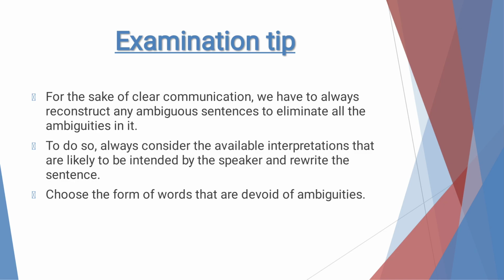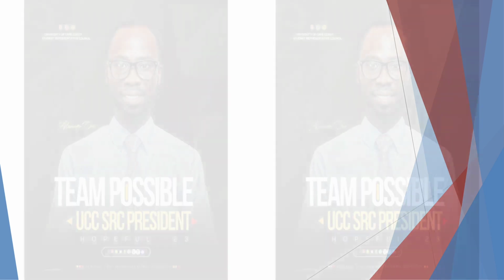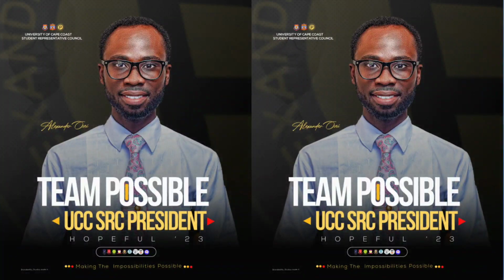So choose the form of words that are devoid of ambiguities, or choose the form of a sentence. We have said that you bring all of them down. You list all of them down, and then we have interpretation 1, interpretation 2, interpretation 3, interpretation 4. You considered all of them, and then you make sure to choose the interpretation that is devoid of any ambiguity.